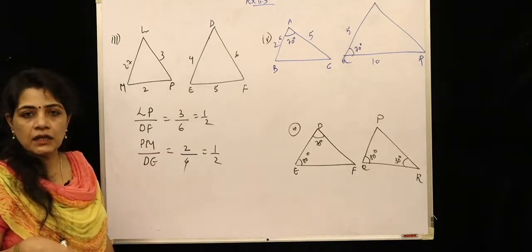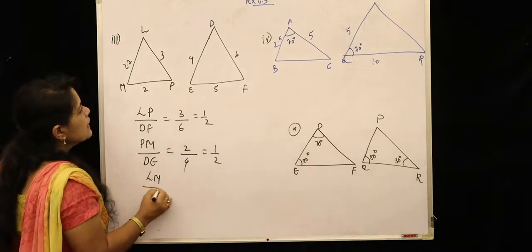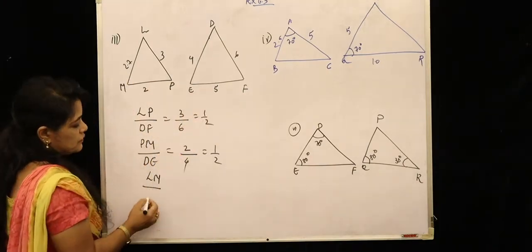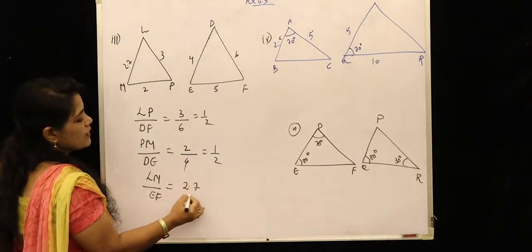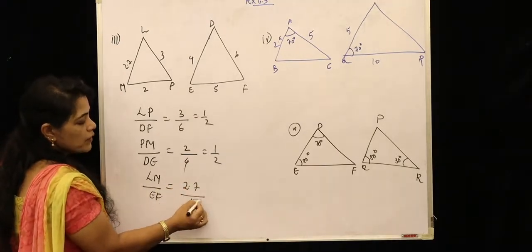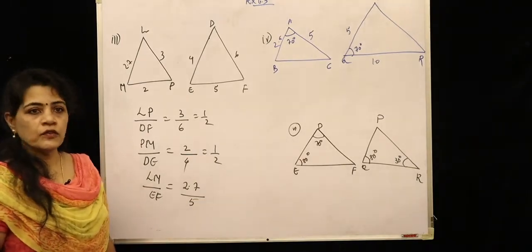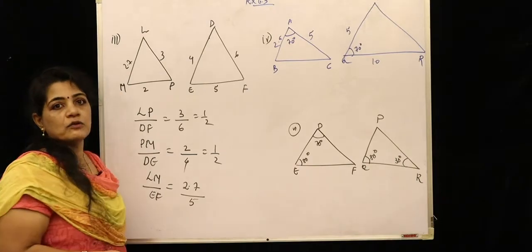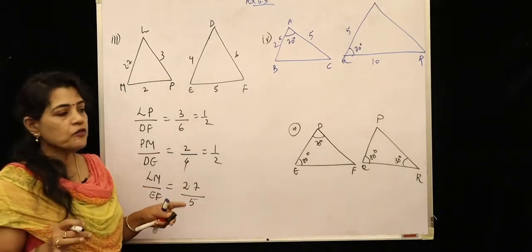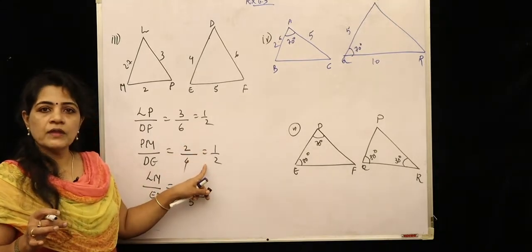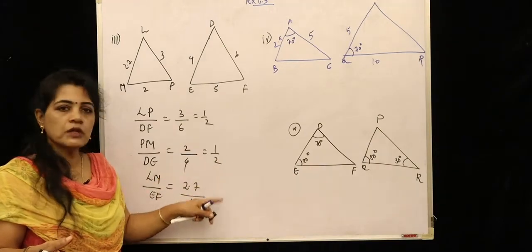And the third ratio, that is the third relation, that is LM divided by this EF, that is 2.7 divided by 5. We will not get 1 by 2. If it is 2.5, that is okay, 1 by 2. But here it is 2.7. So children, even if two ratios are the same, the third ratio seems to differ from these two ratios.